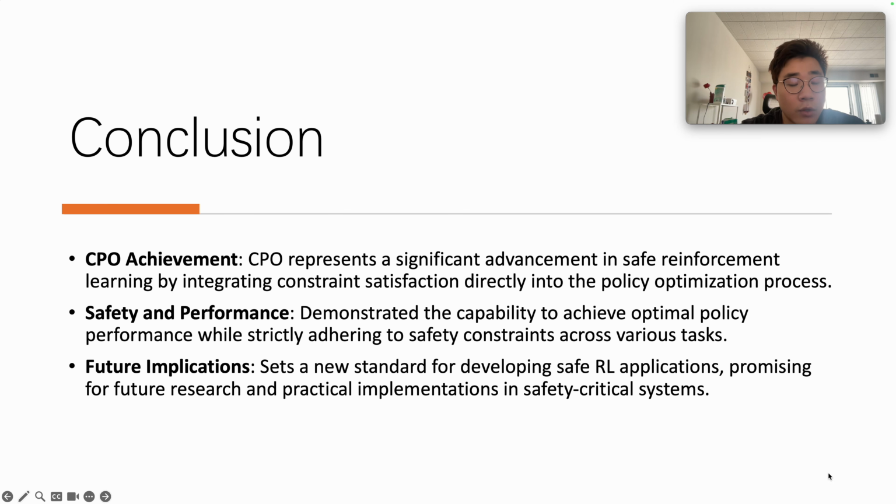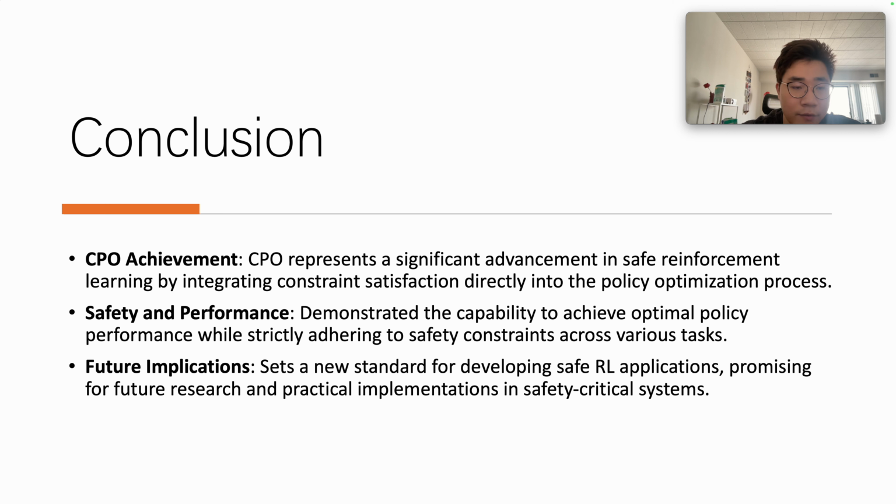So, in conclusion, as we know the objective of the CPO function, as well as the comparison of the results with other existing approaches, we can see that CPO represents a significant advancement in safe reinforcement learning by integrating constraint satisfaction directly into the policy optimization process.